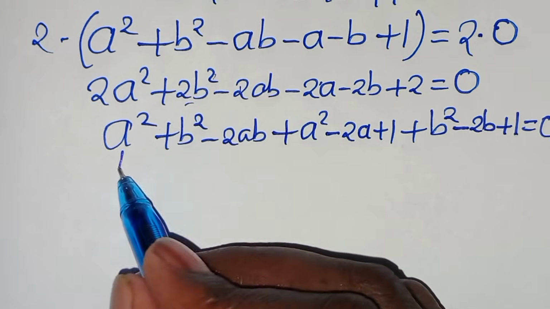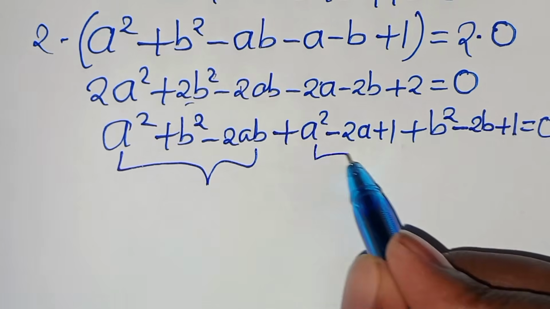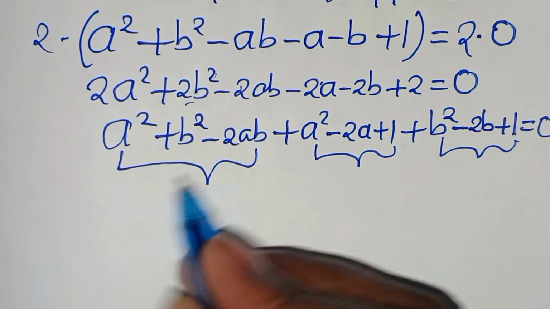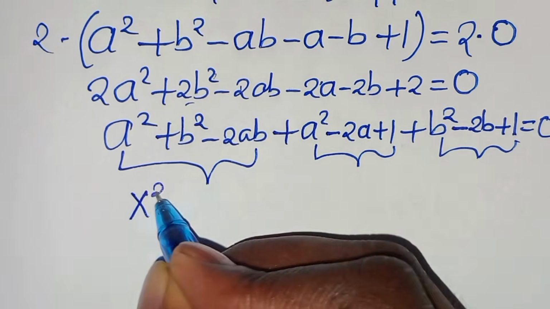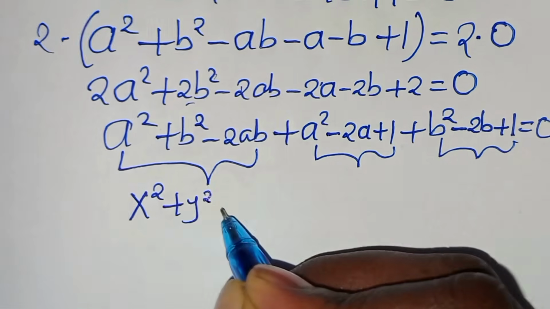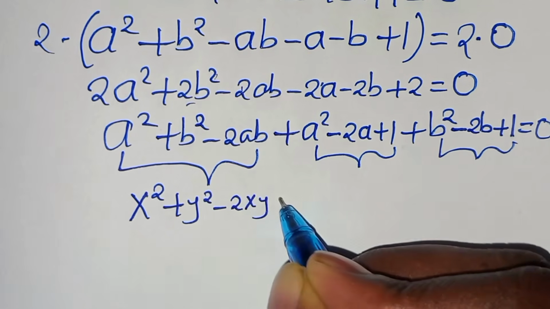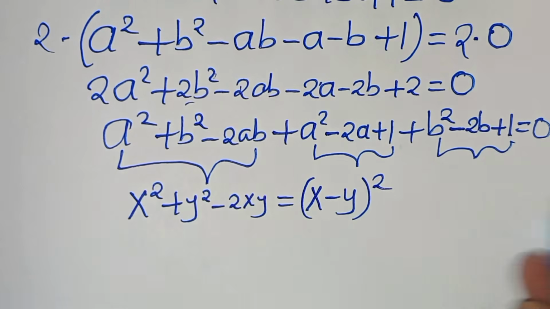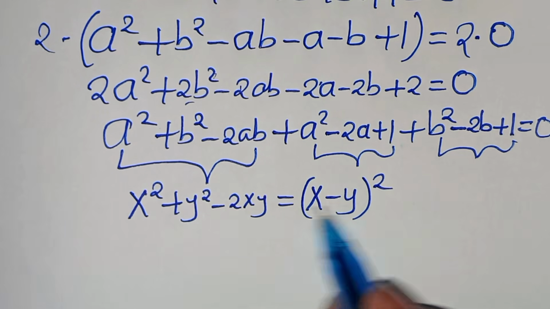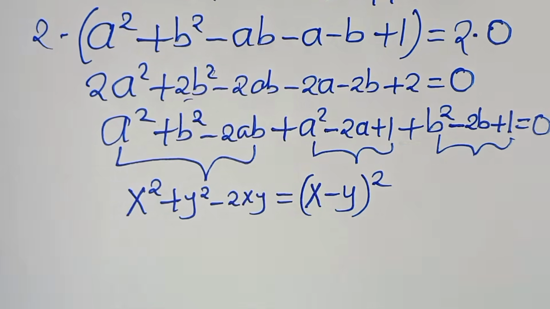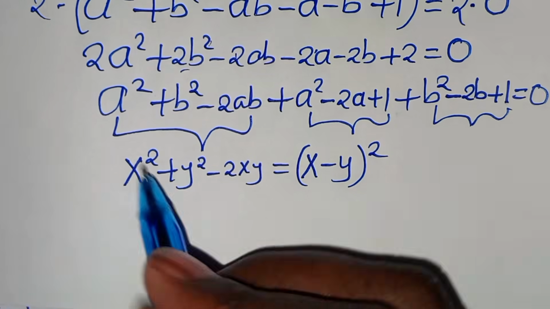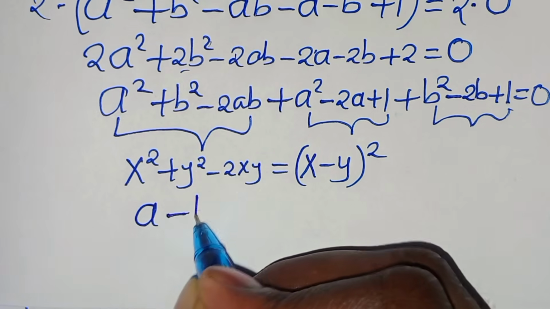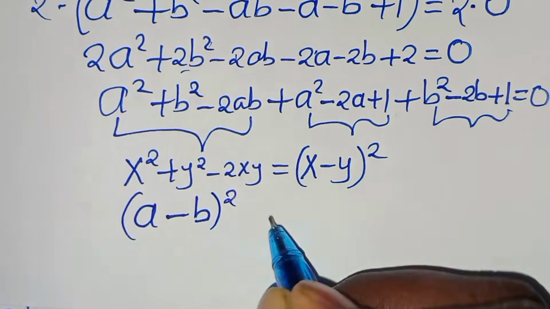Now, from these three parts here, this is actually in the form of x squared plus y squared minus 2xy, which can be expressed as x minus y to the power of 2. Applying this algebraic identity from the three parts we have here, this implies that we have a minus b raised to the power of 2, then plus.